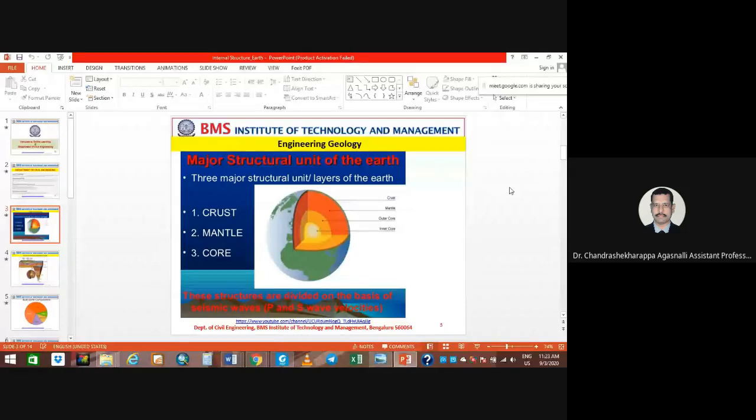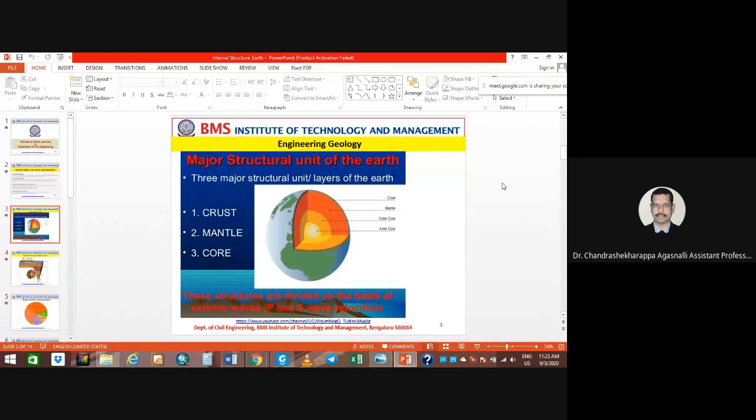Okay, so there are three major layers in the internal structures of the earth. The first one is the topmost layer, called the crust, the next one is the mantle, and the third one is the central part called the core. Okay, crust, mantle, and core.